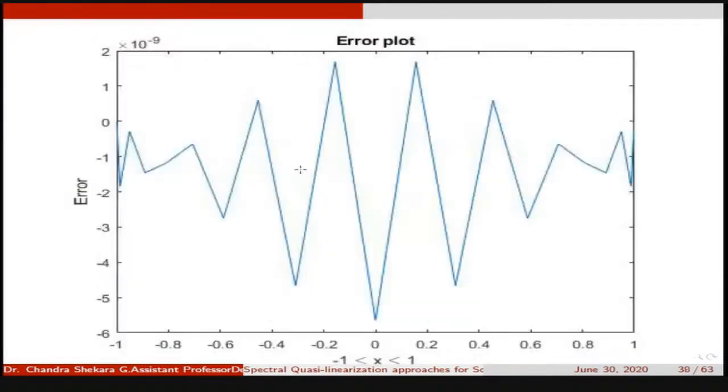Then I'll consider an example from fluid mechanics as a nonlinear differential equation. I'll just demonstrate how to solve this nonlinear differential equation using the collocation method.